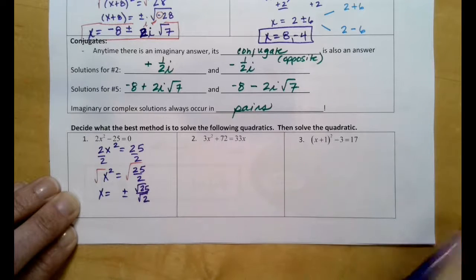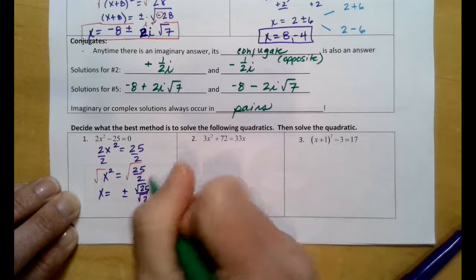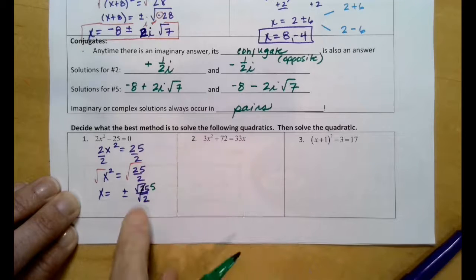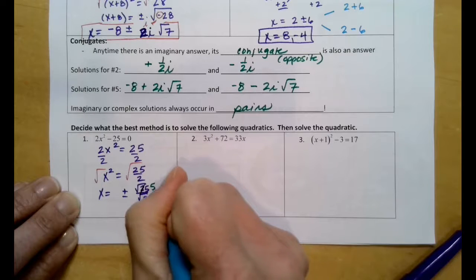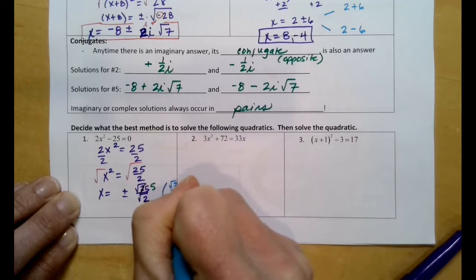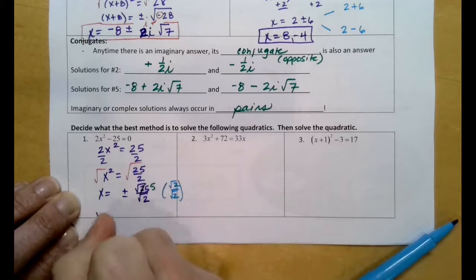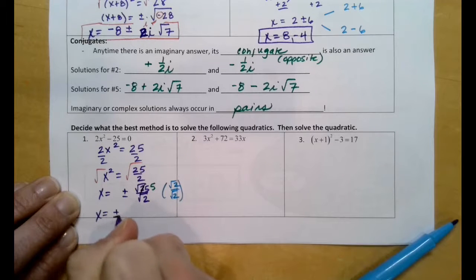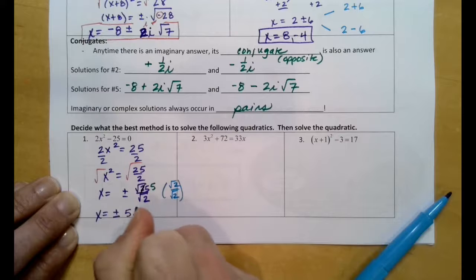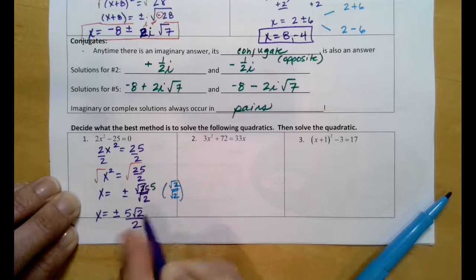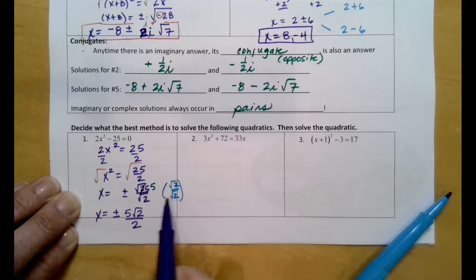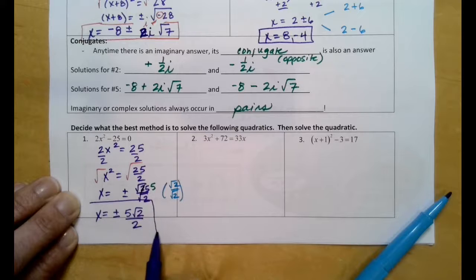So the square root of 25 is equal to 5. But the square root of 2 is not allowed to be left in the denominator, so we have to do a process called rationalizing the denominator. So we end up with x is equal to plus or minus 5 roots of 2 over 2, because the square root of 2 times the square root of 2 is equal to 2. So there's our two answers, and we're good to go.